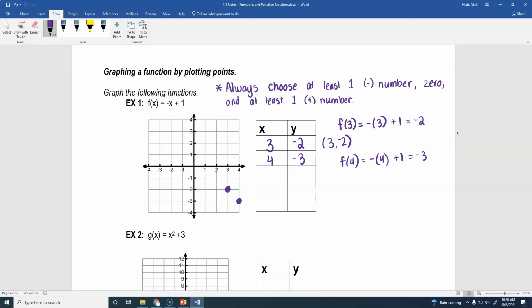Alright, now I said you need to pick 0. Always pick 0. So if I do f of 0, it is going to give me -0 plus 1, which gives me 1. So I would graph the point 0, 1. Be right here.